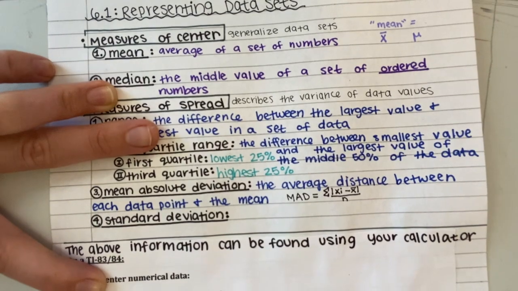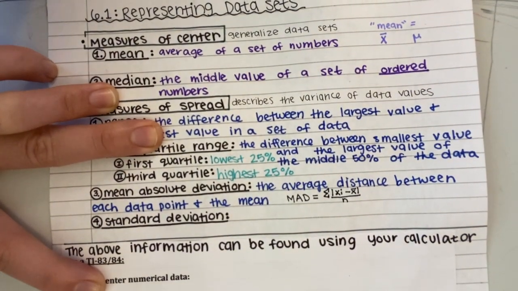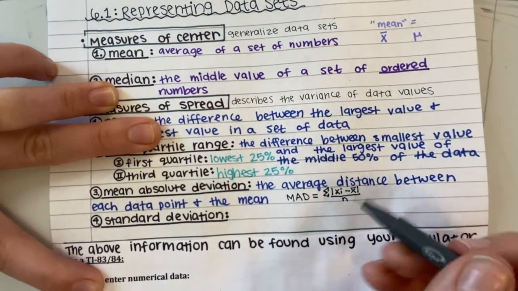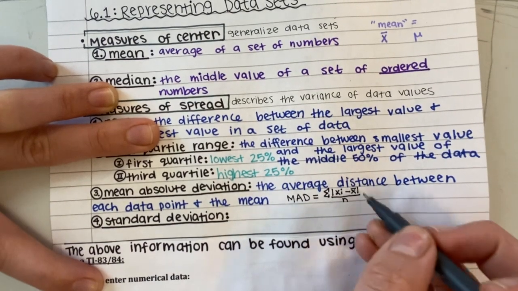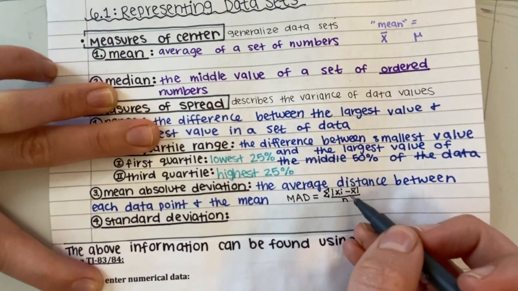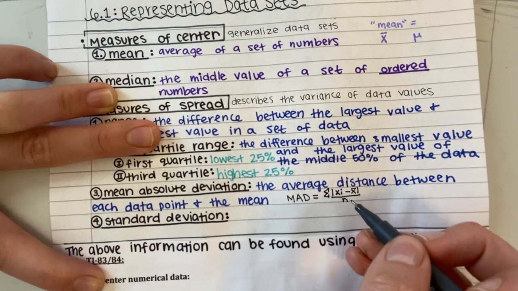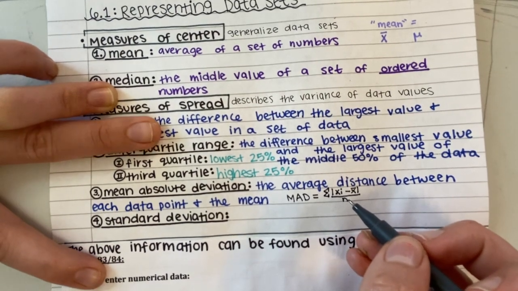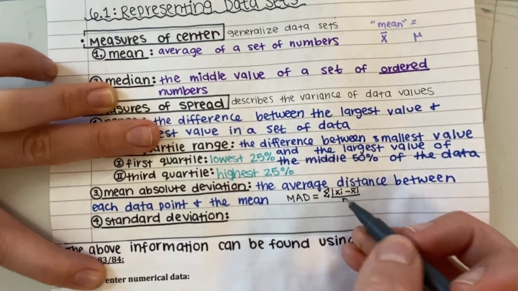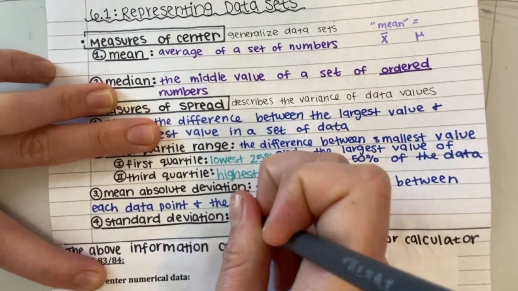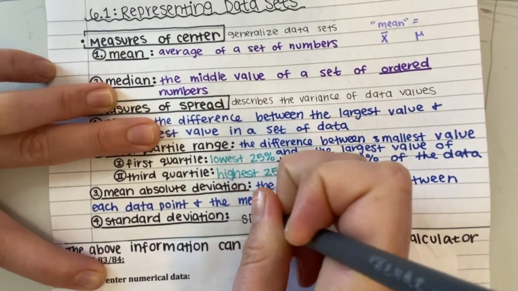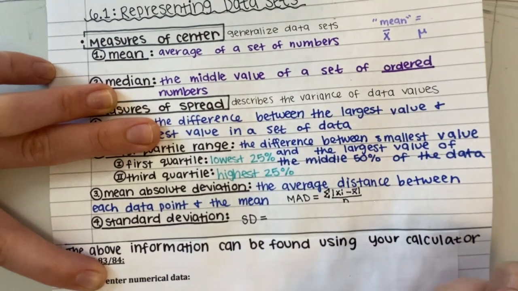The standard deviation is essentially the exact same thing, except instead of it just being the absolute value of the difference, you're going to take the square root of it being squared. So the standard deviation is just like the mean absolute deviation.